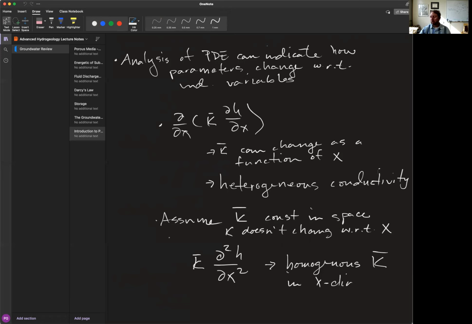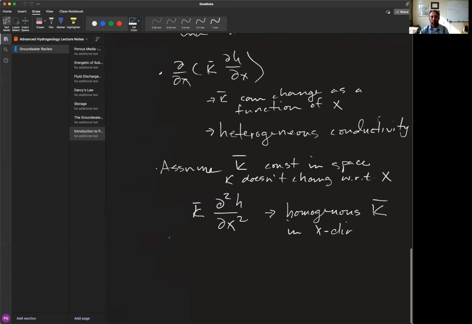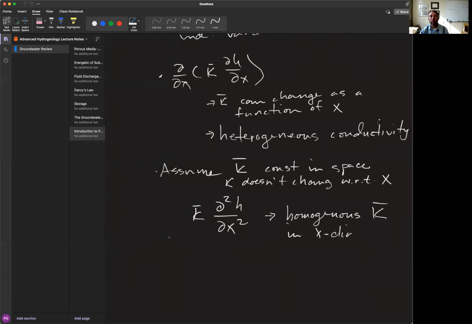Okay, so the shape or the form of the PDE can tell me a lot.